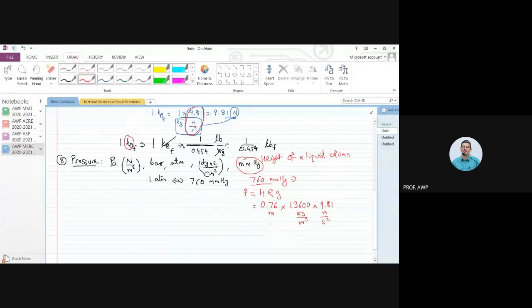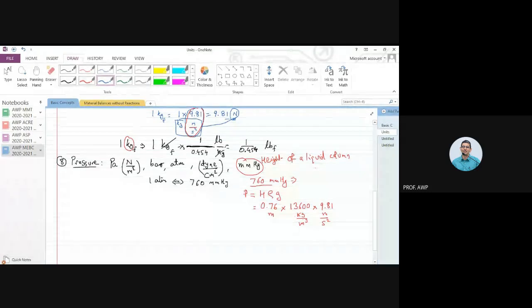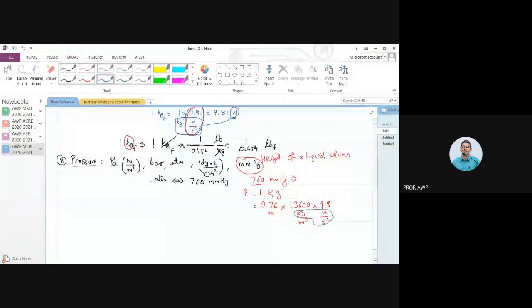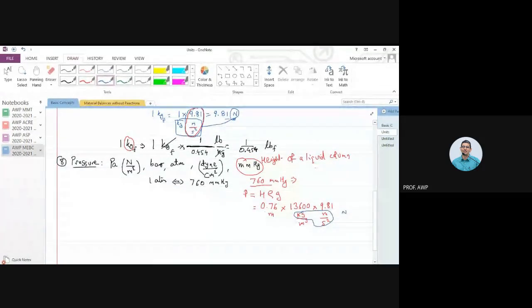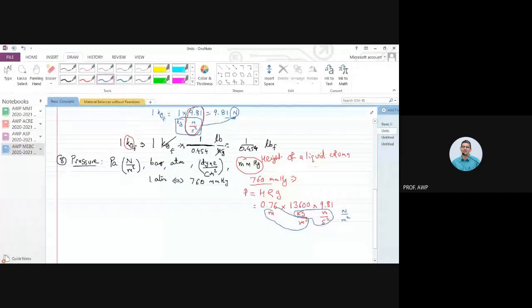So if you think about this unit now, kilogram meter per second square, that is newtons, okay, and meter cube in the denominator, that will give you Newton per meter square in the denominator. Right.